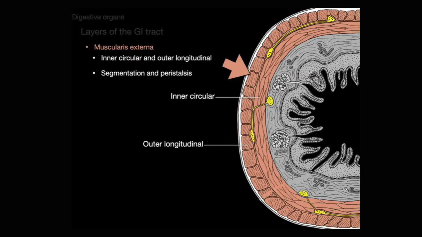And you can see the outer longitudinal layer, which would be the outer portion of the muscularis externa. Both layers help with the movement of peristalsis, which moves food through the gastrointestinal tract or GI tract. They also carry out a process called segmentation, which mixes and breaks the bolus, the ball of saliva, into smaller pieces.